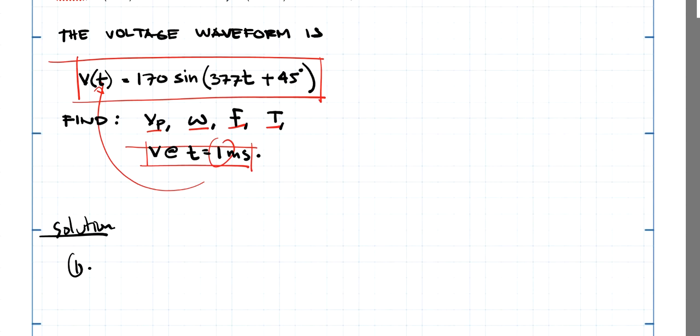We said that we base our function in terms of cosine. So anything that's given in sine, we need to convert to cosine. First convert the sinusoid to cosine.